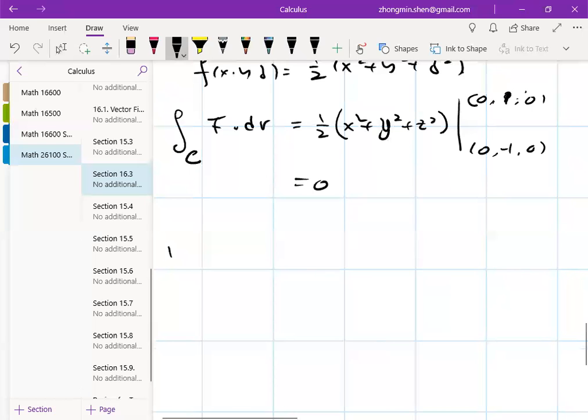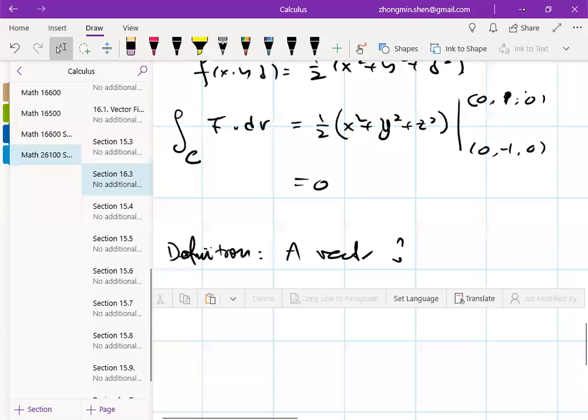Okay, here's the definition of a vector field.